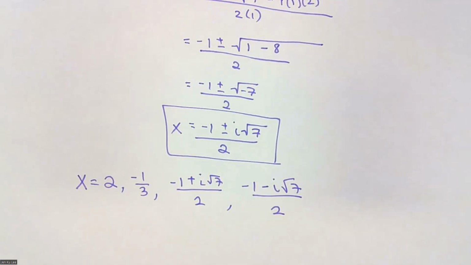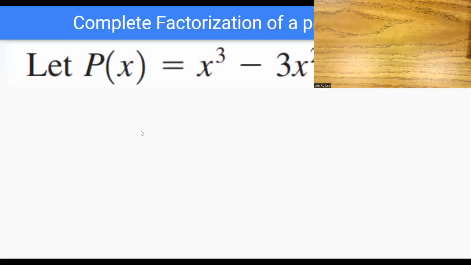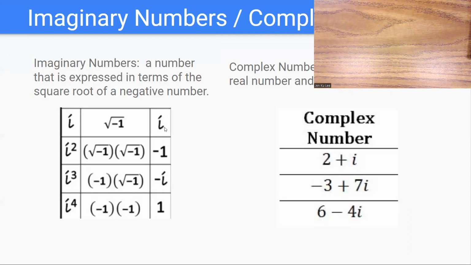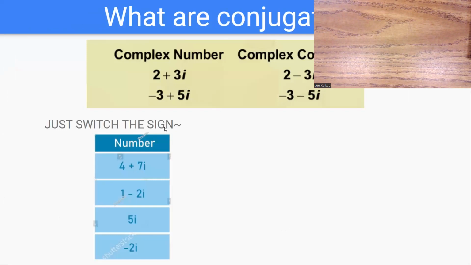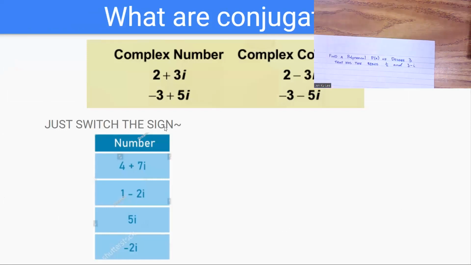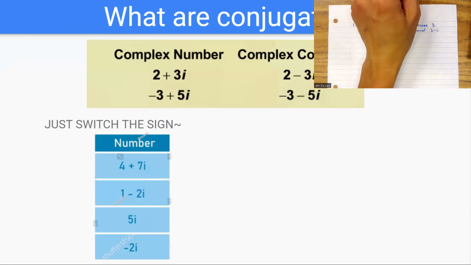Okay, so if I go back to our slides, we did that example, and now we're on here. What are conjugates? Conjugates are based off of the difference of squares.